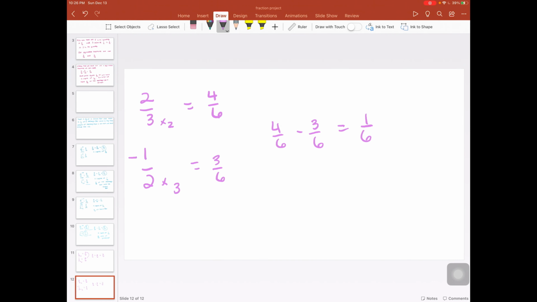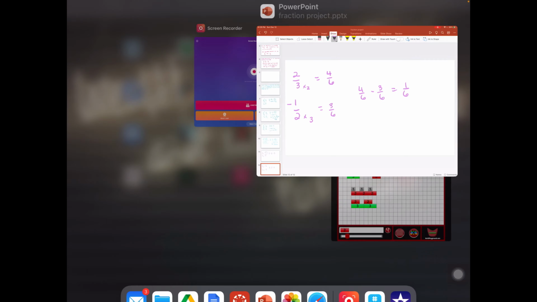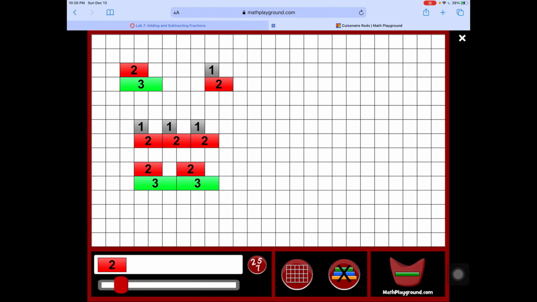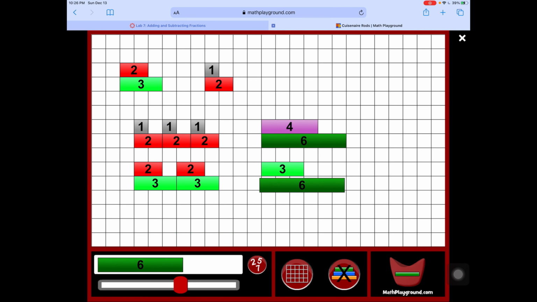So our equivalent fractions are related because we can talk about them in terms of 1/6. And with Cuisenaire rods, this is what it would look like. So we have 4/6 and we have 3/6.